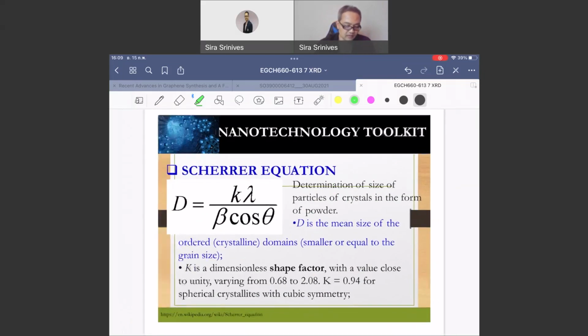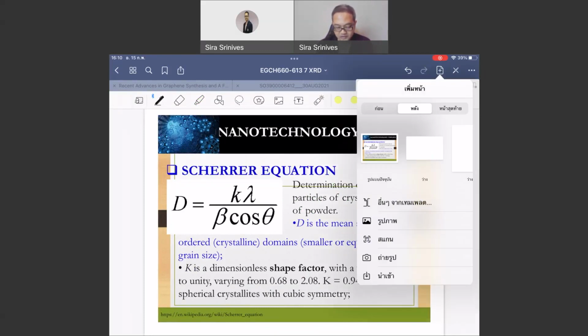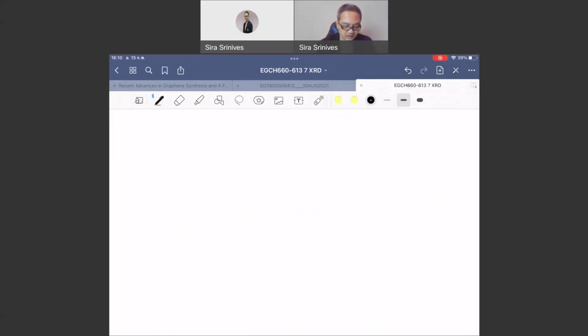So the last thing I would like to talk about in XRD is actually one of the most important things about XRD. It's known as the Scherrer equation. When you talk about XRD, you talk about crystal structure. And one of the most interesting things about crystal structure is that it can form some sort of polycrystal.